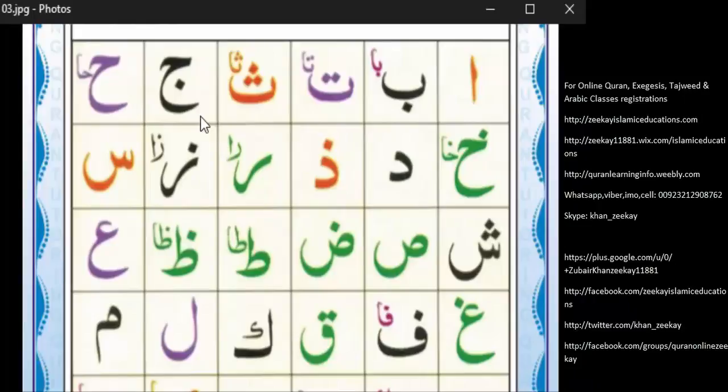There are about three letters which are read this way, with a slight change: Jeem, Sheen, and Ya. Inshallah, we will discuss the difference in the origins of these three letters in detail in a picture view.